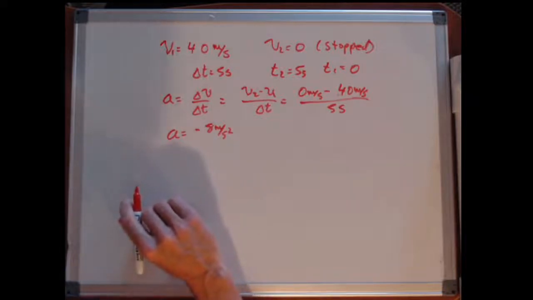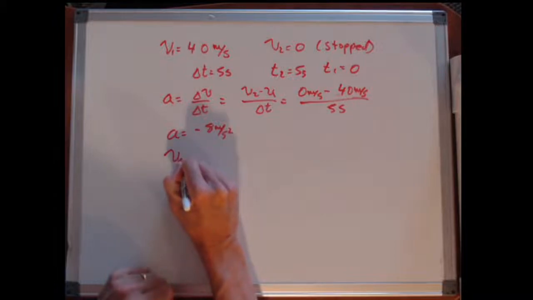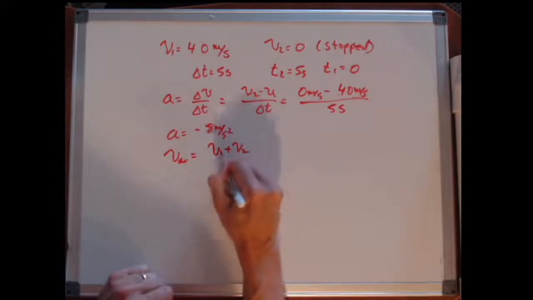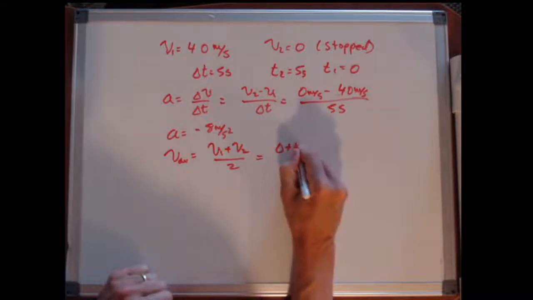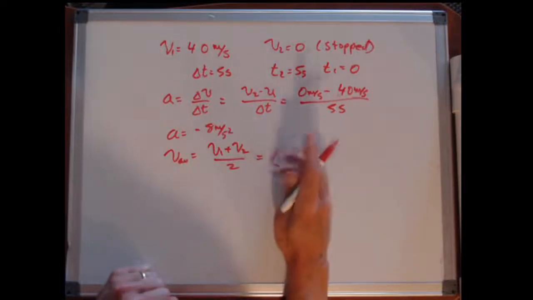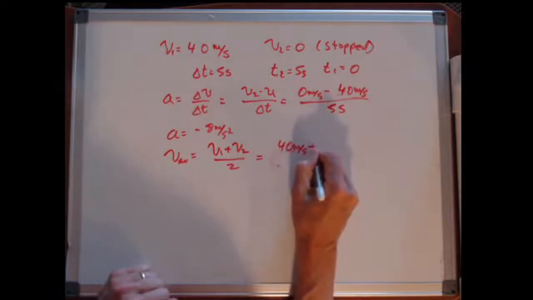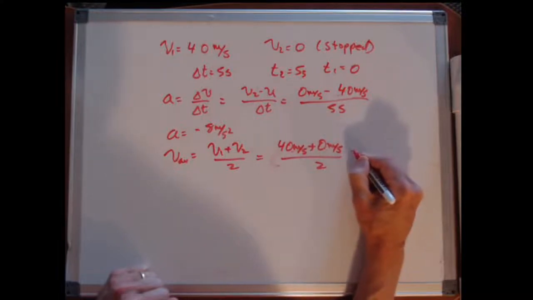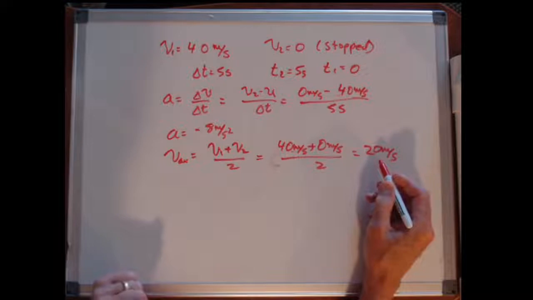Also in this problem, just as in the previous one, we can calculate the average velocity. The average velocity is v1 plus v2 divided by 2. That's 40 meters per second plus 0 meters per second divided by 2, which is 20 meters per second. Again, to me, that's a common sense one.